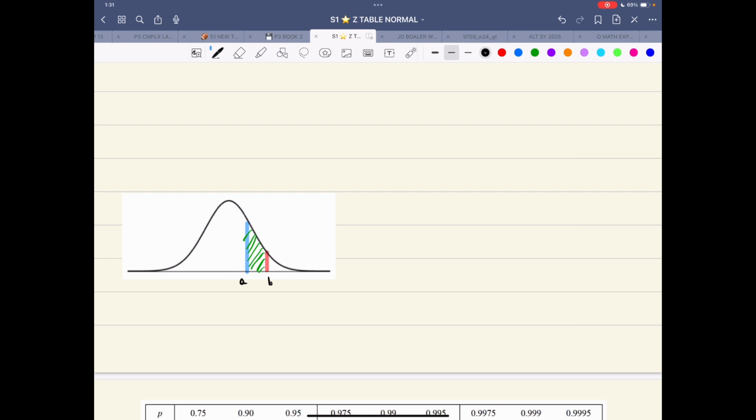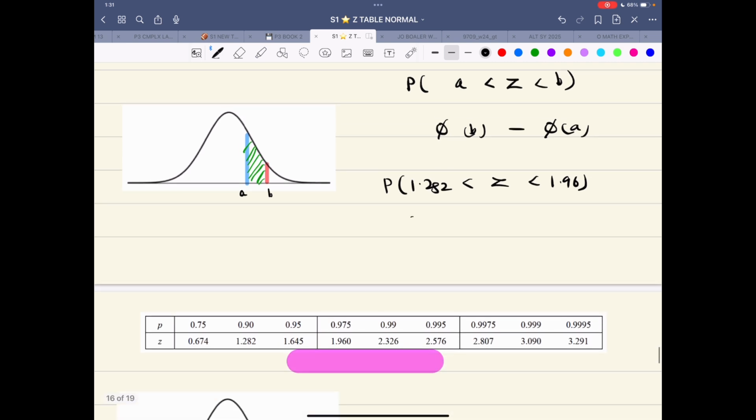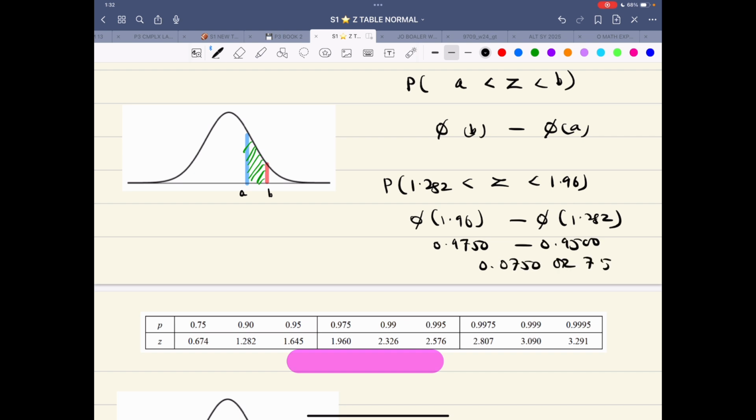So probability Z lies between 2 values, A and B, where B is bigger, is phi of B minus phi of A. In other words, probability Z lies between 1.282 and 1.96 is phi of 1.96 minus phi of 1.282, which is 0.9750 minus 0.9500, which is 0.0750 or 7.5%.